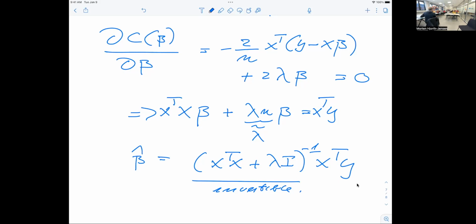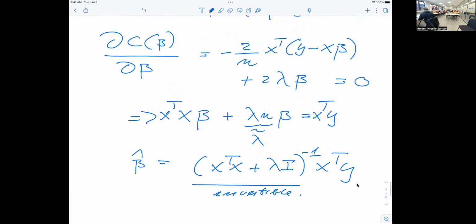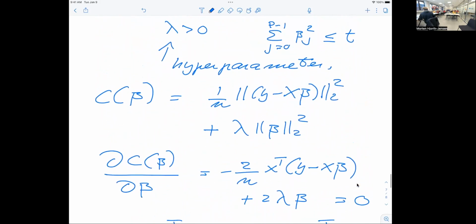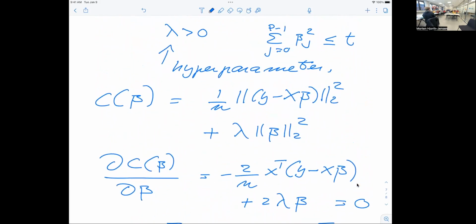Now, when we come to the statistical interpretation, you will see that this way of writing the cost function has an interesting statistical interpretation. So I'm just anticipating this: we are going to show later that the output y follows a normal distribution.